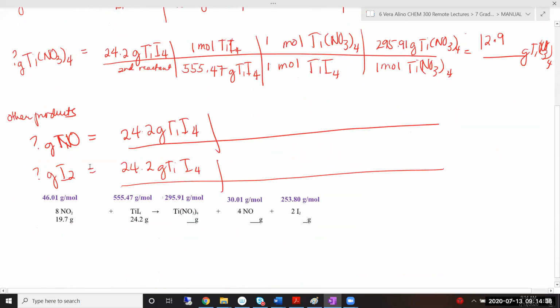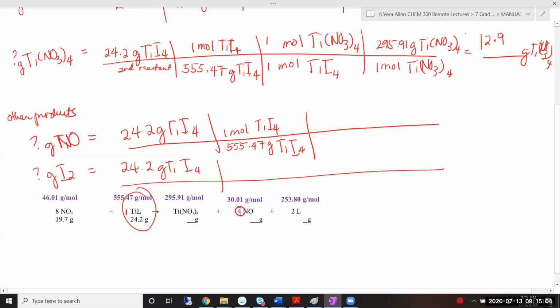Okay. All right, convert that to moles of titanium 4 iodide. And then use the ratio. It's a 1:4.